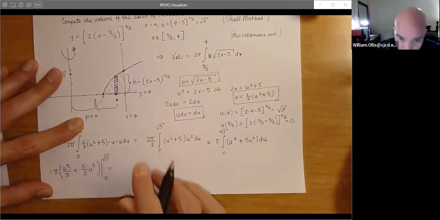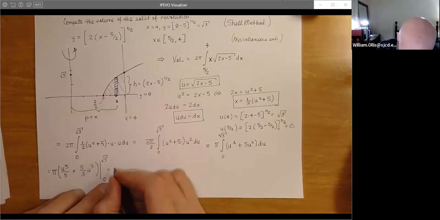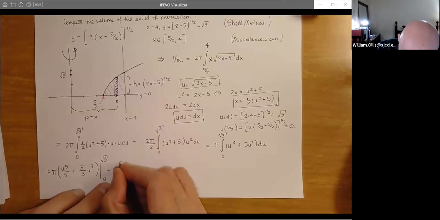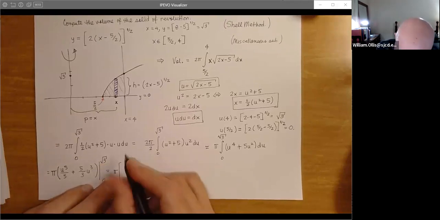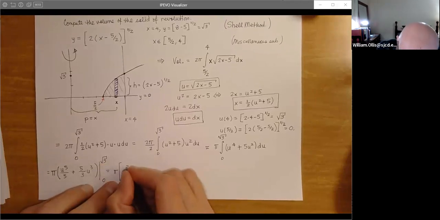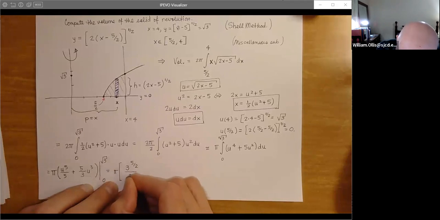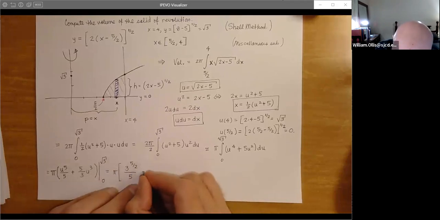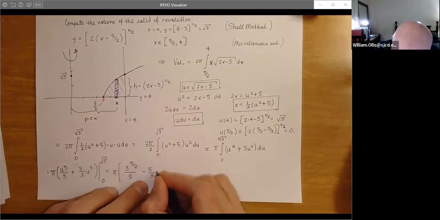Now, again, we notice that the 0 annihilates these terms, so that'll be easy. So we have pi. So now we're going to substitute the root 3. So this will be 3, in this case, to the 5/2 divided by 5 minus 5/3, 3 to the 3/2.